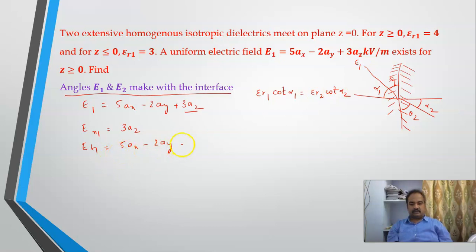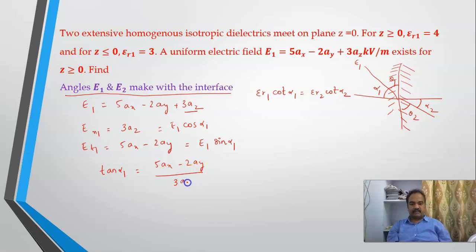So Et1 is normally referred to as E1 sine alpha 1. This is referred to as E1 cos alpha 1, right? If I divide one by the other, what I'll get is tan alpha 1 is equal to 5ax minus 2ay by 3az, isn't it?